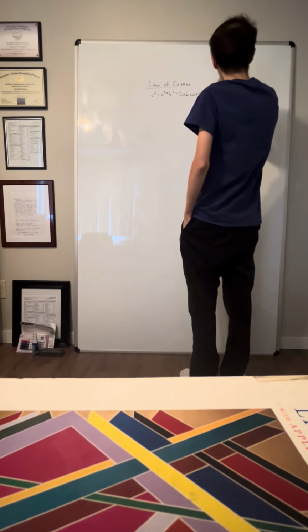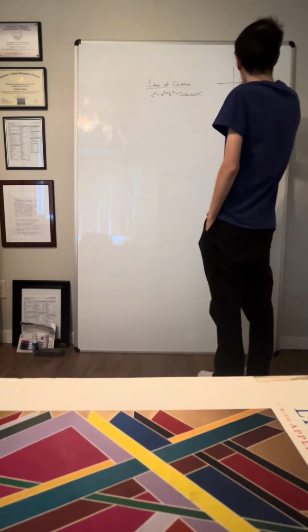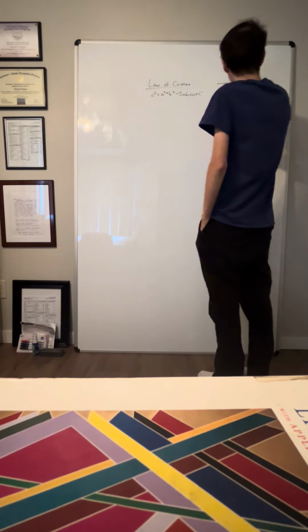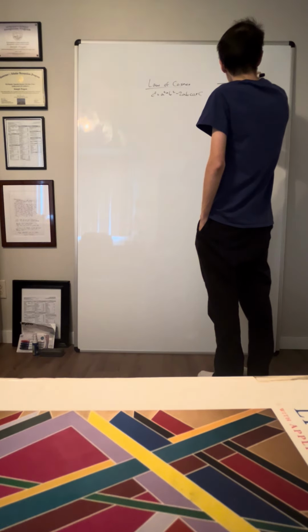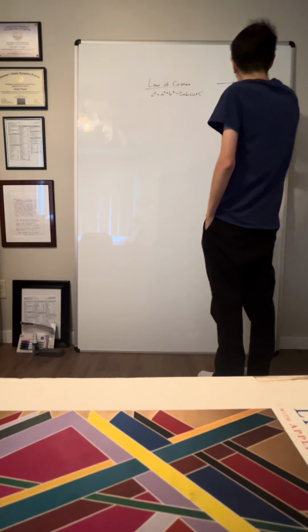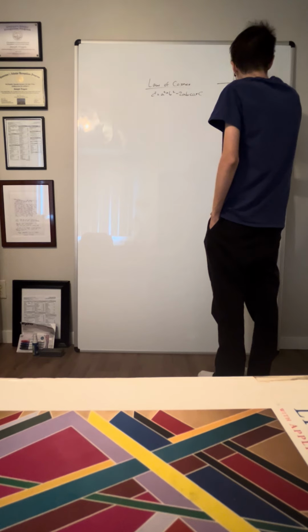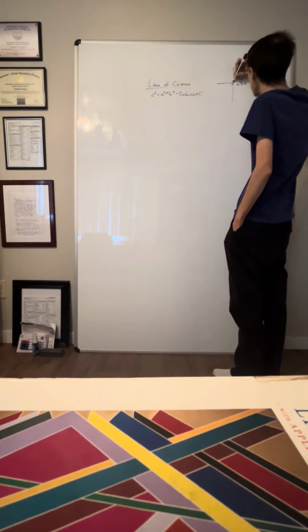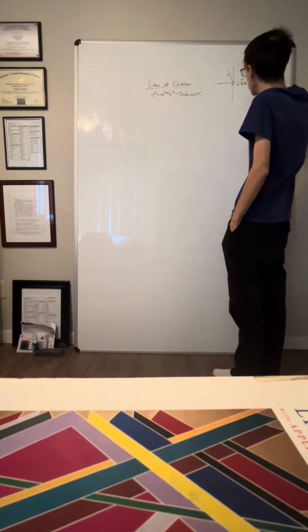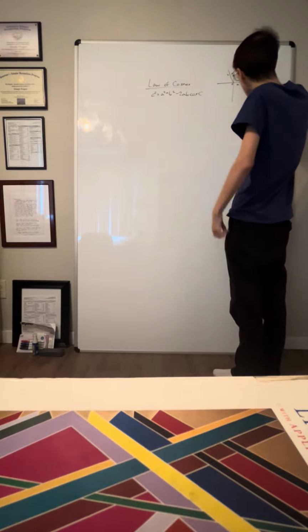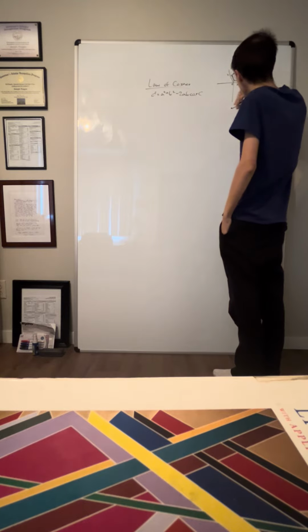So let's say that we have some kind of arbitrary triangle that we're going to construct. From the origin to point P is the length A, so that's going to have a vertex at (A, 0). Then we have some other side over here.